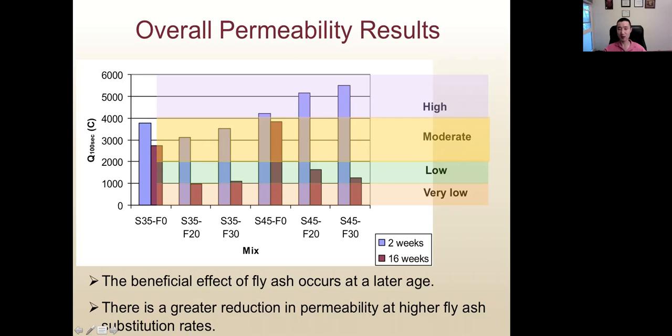Again, this is because the pozzolanic reaction is slower, but in the end, it will reduce the permeability quite a lot. So the beneficial effect of fly ash occurs at a later age. If we use fly ash or slag, we want longer curing to ensure the pozzolanic reaction keeps going for months.